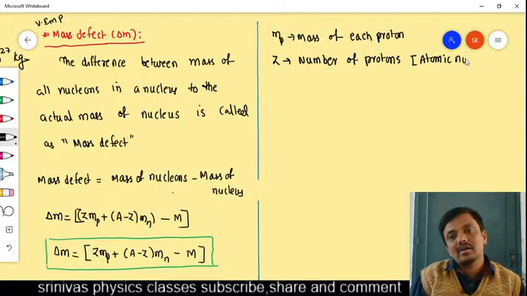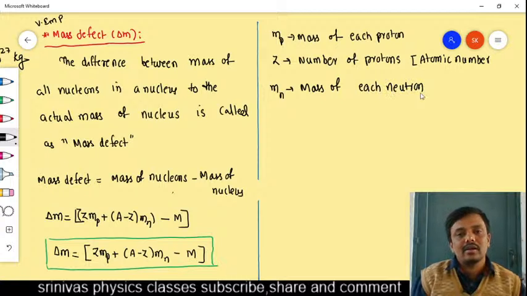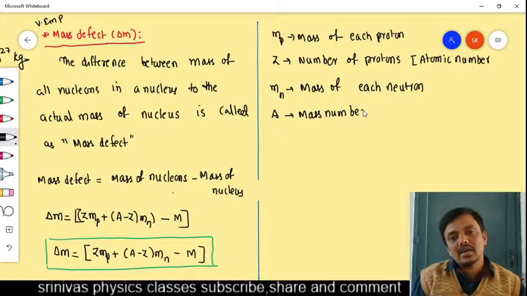And what is mn? It is the mass of each neutron. And A is what? A is the mass number. You know what mass number is?